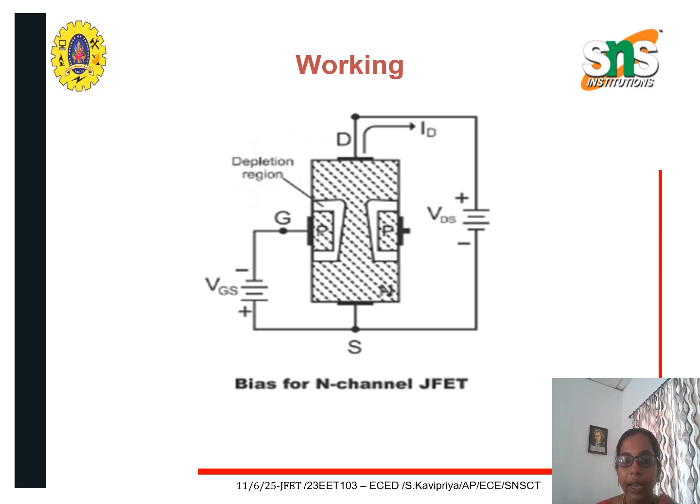So when we apply the reverse bias voltage, the depletion region will widen, and thereby narrow the channel available across the P and N type material. Once the channel is narrowed, the current flow between the drain and source terminal will be reduced. The current is indicated as ID. So ID is gradually reduced.